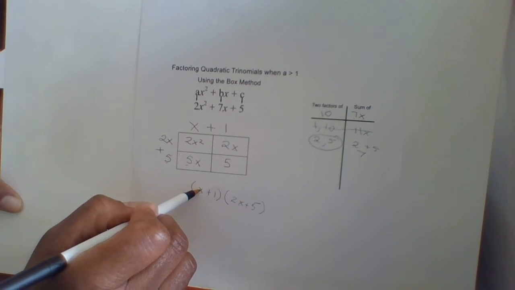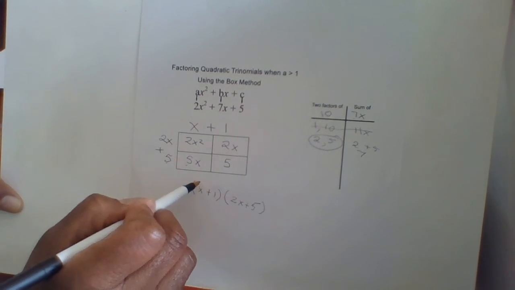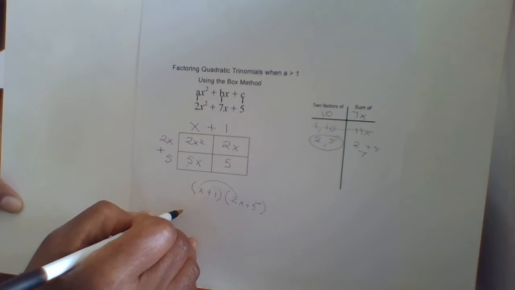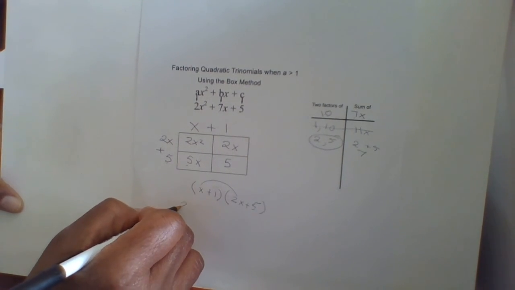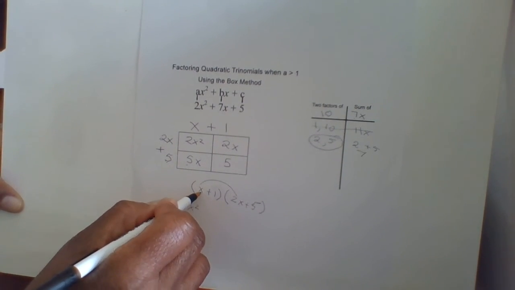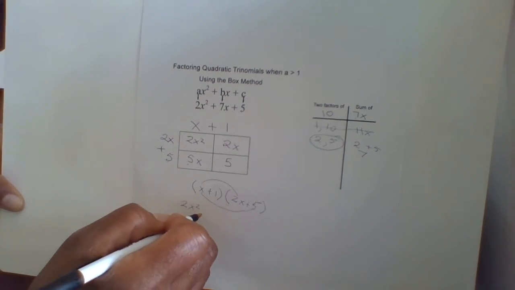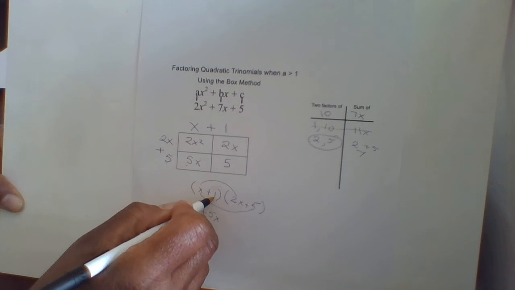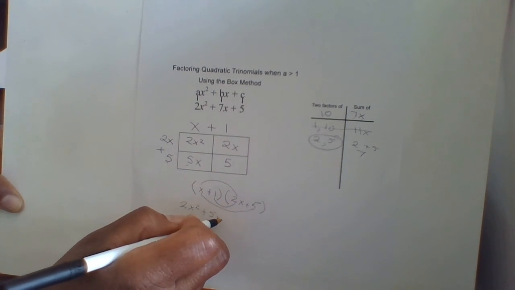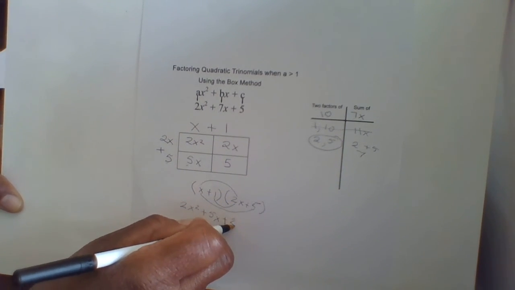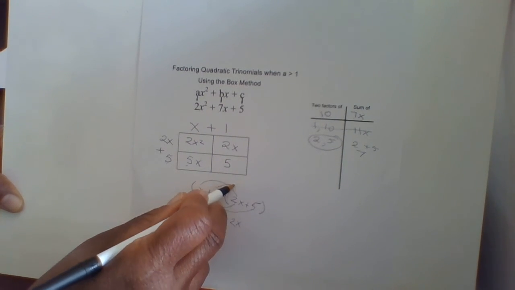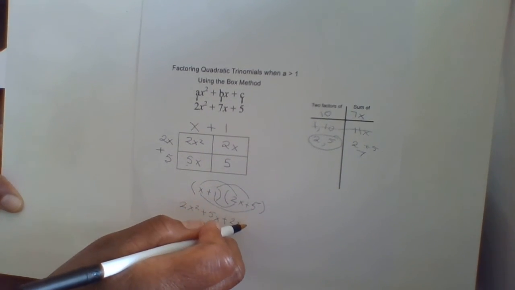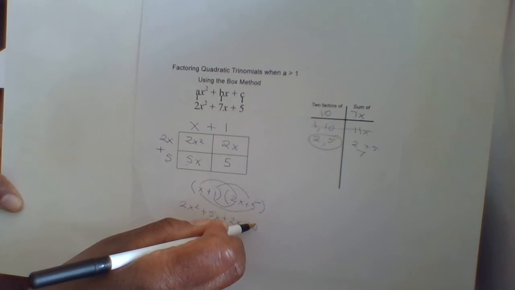So I'm going to multiply x times 2x first. x times 2x, that's 2x squared. Outer, x times 5 is plus 5x. Inner, 1 times 2x is plus 2x. Last, 1 times 5 is plus 5.